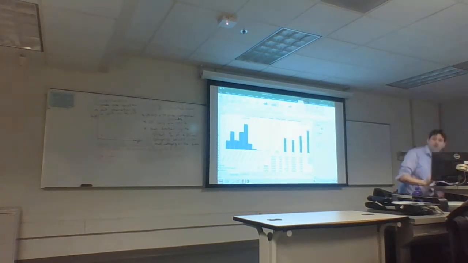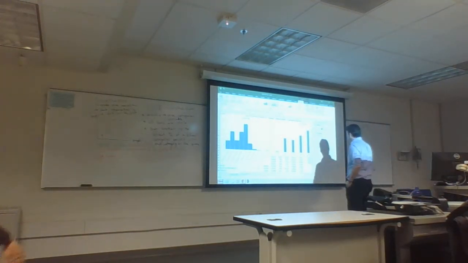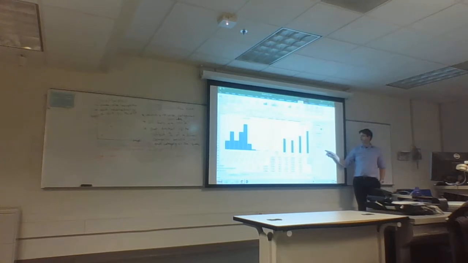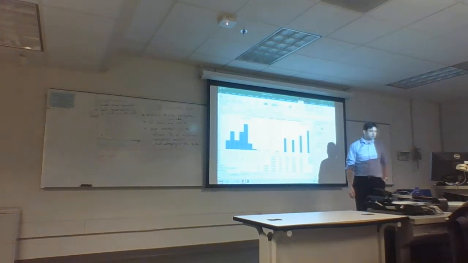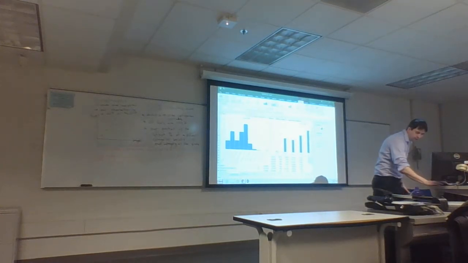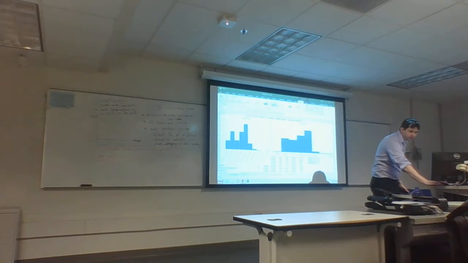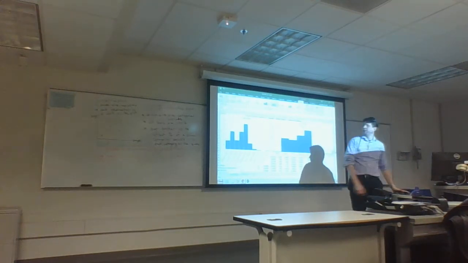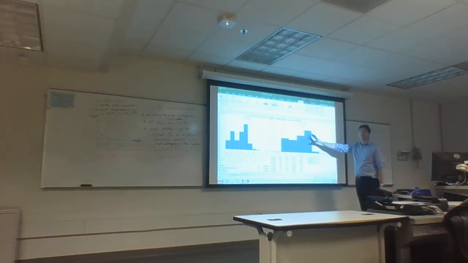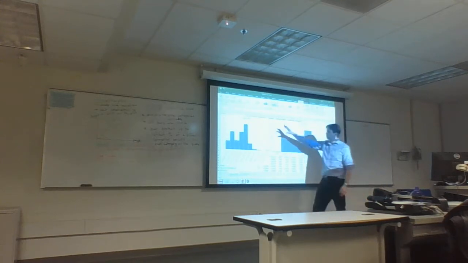If you right click and format data series, it gives you an option for gap width. Bring that gap width all the way down to 0. There we go.